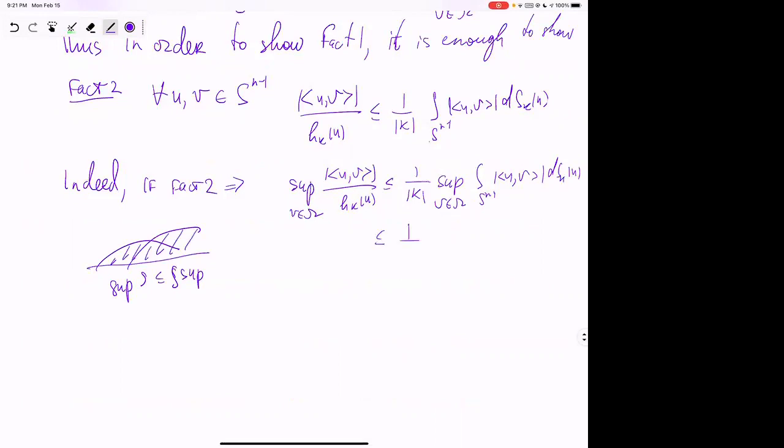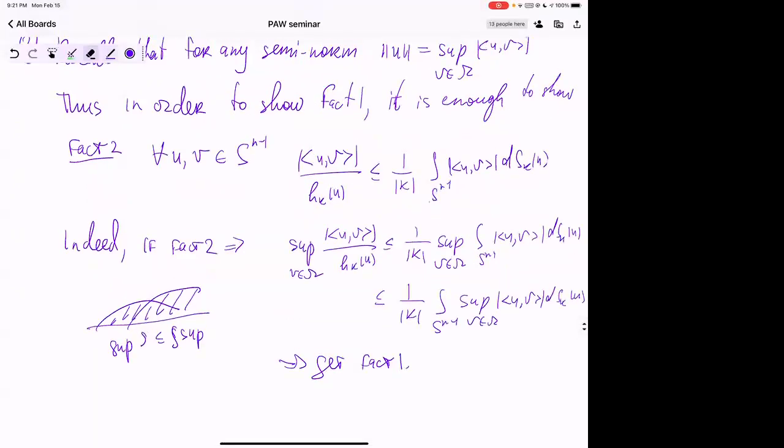So this is smaller than the integral of the supremum of the same thing over h_K of u, and we will have fact 1 as soon as we have fact 2.